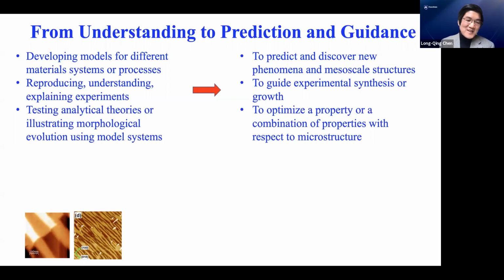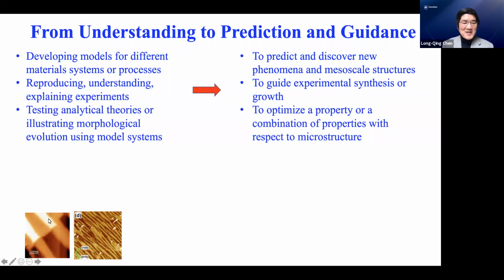Now, in terms of understanding or reproducing experiment, we actually have many examples. We have shown that if you incorporate the right physics, the simulations can predict microstructures in very good agreement with experiments.